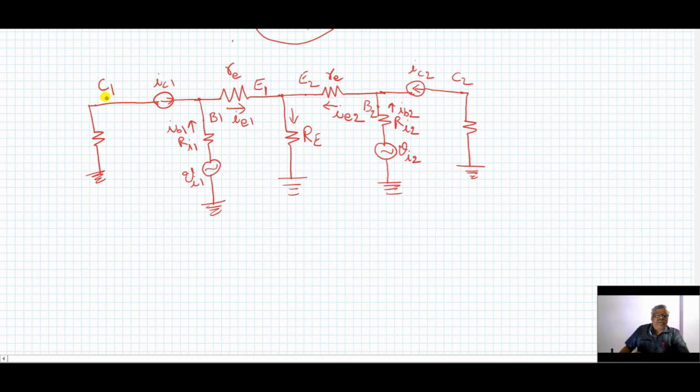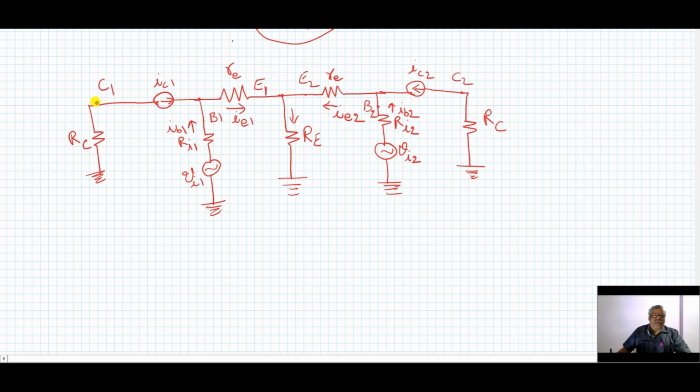And when VCC is grounded, this RC will appear between collector C1 and ground. In the same way, when minus VE is grounded, VCC is grounded, collector 2 is grounded through RC. So all components we represented in this model.